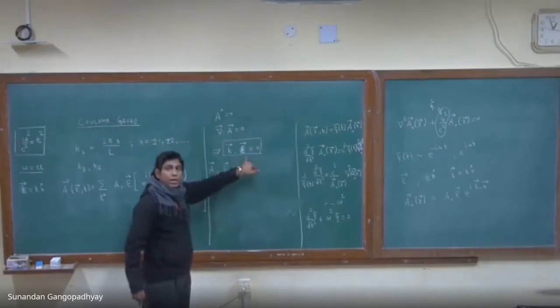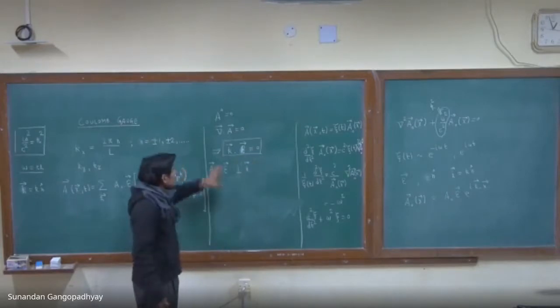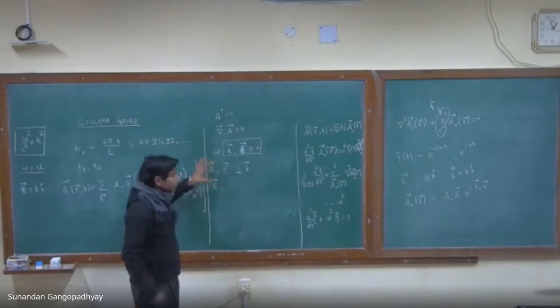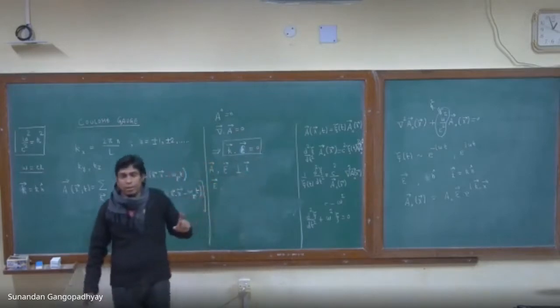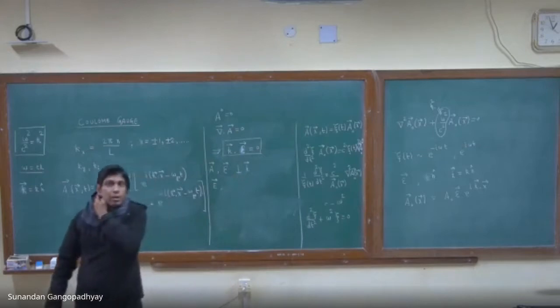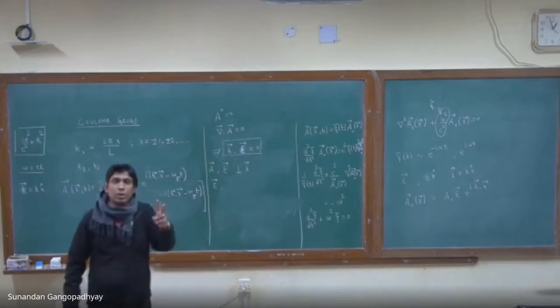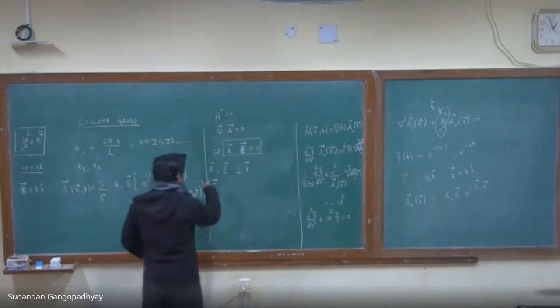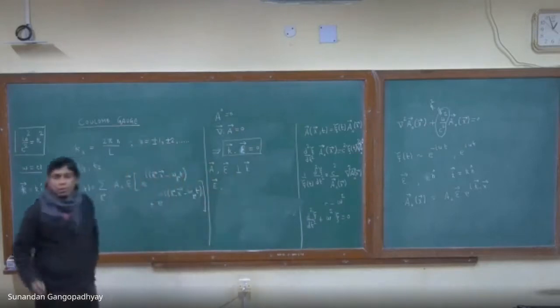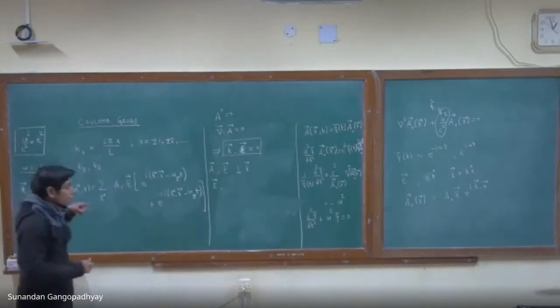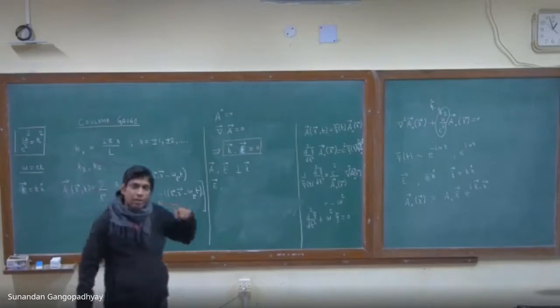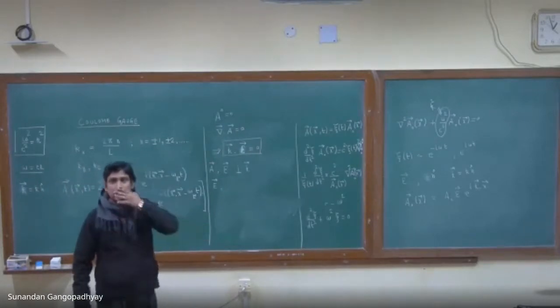Therefore, k dot A is also 0. Therefore, the A vector is such a vector that it lies in a plane perpendicular to the k vector. Therefore, effectively now we can say that there are only two independent components of the A vector. There are only two independent components. The component which is along the direction of the k vector is not there.